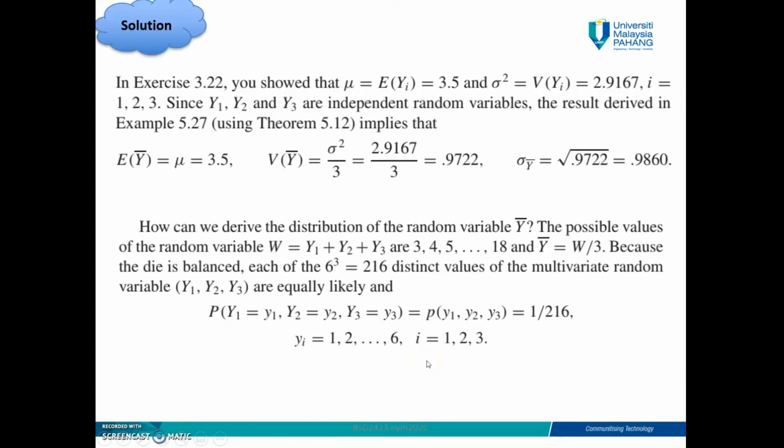You can show, based on Exercise 3.22, and you can refer back, that mu equals the expected value of yi, which is 3.5, and sigma squared, or the variance of yi, equals 2.9167, where i is from 1 to 3. Since y1, y2, y3 are independent random variables, the result derived in Example 5.27 using Theorem 5.12 implies this equation.